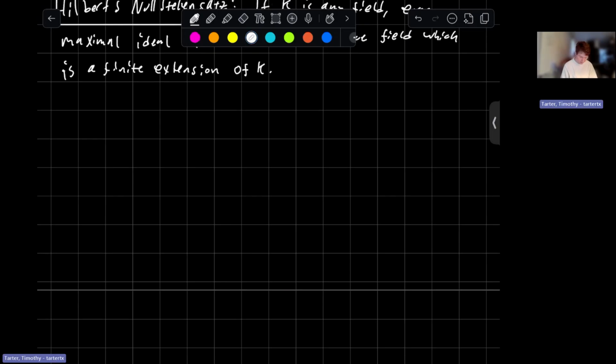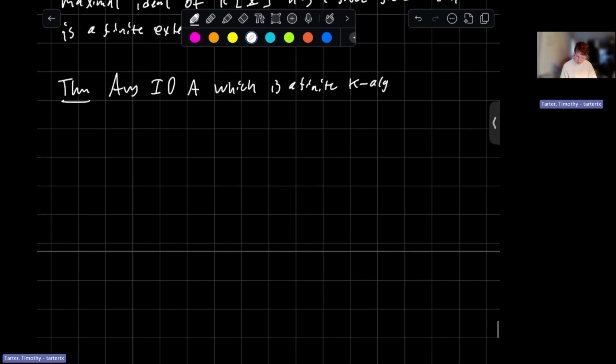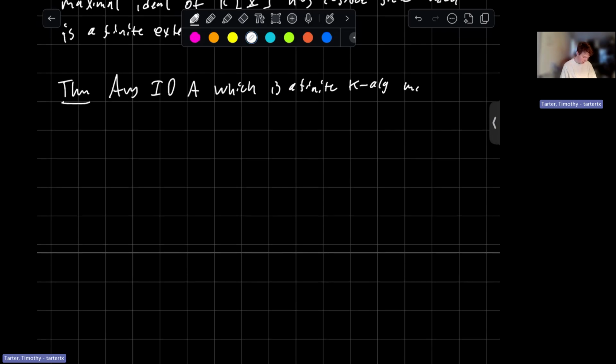So as a theorem that doesn't require Nullstellensatz, any integral domain A which is a finite K algebra must be a field.